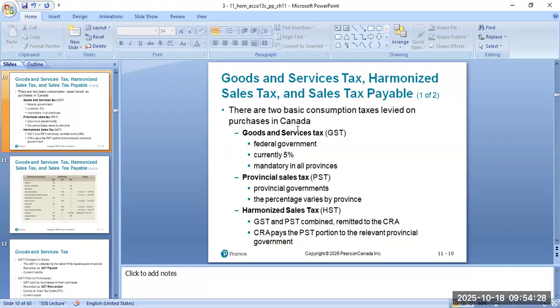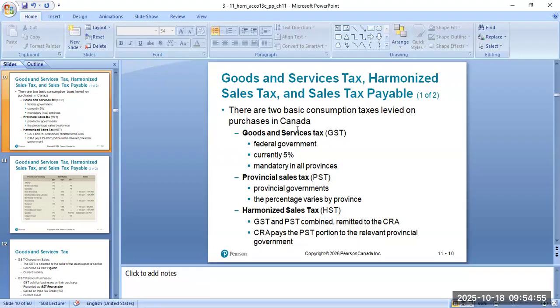And later on, you may see a breakdown of the total taxes into the GST portion and the provincial portion. So you can have a clear idea how much is the portion of the GST, or goods and service taxes, and the provincial sales taxes. Now, the provincial sales taxes are different in different provinces.